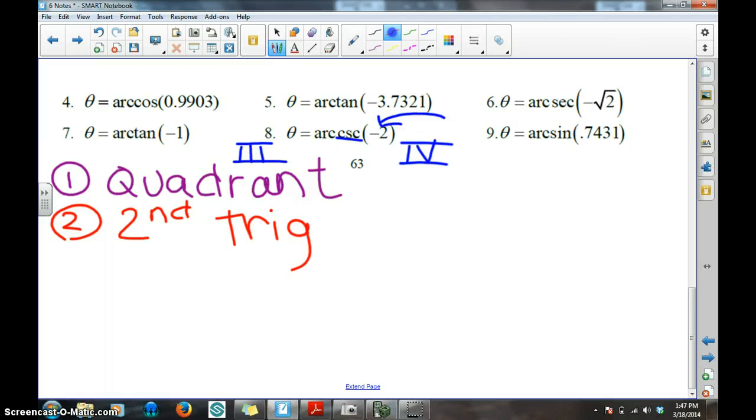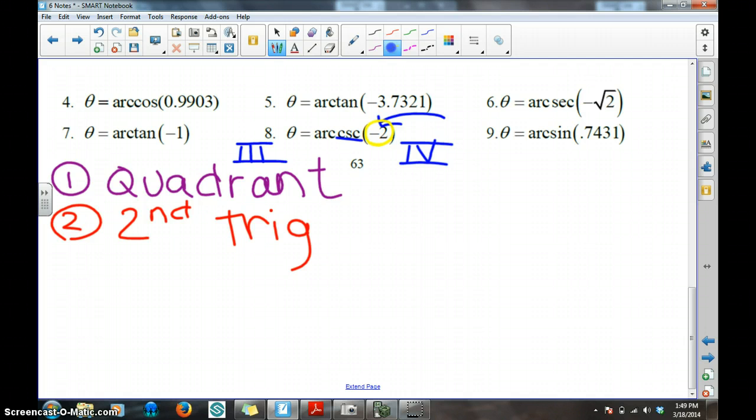When I'm dealing with reciprocal functions, what part do I reciprocate? Since it's the answer we reciprocate, and this is the part that gets a little tricky, that is the answer. I got to reciprocate before I go to my calculator.